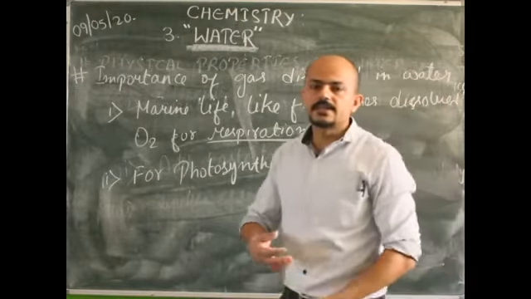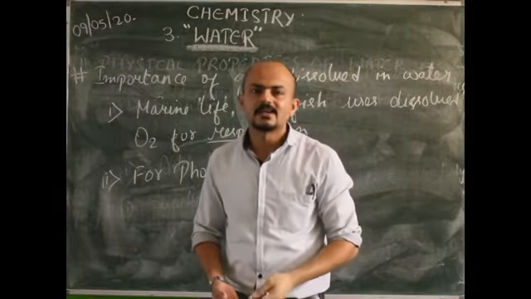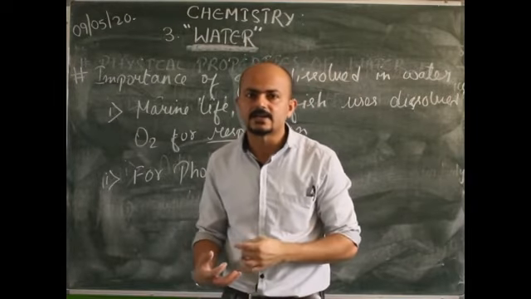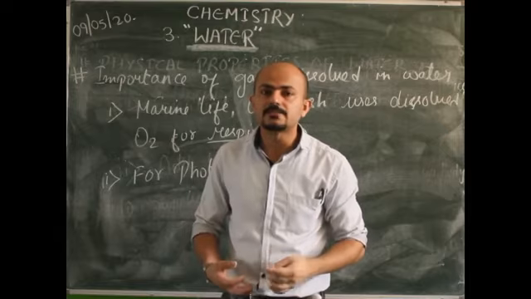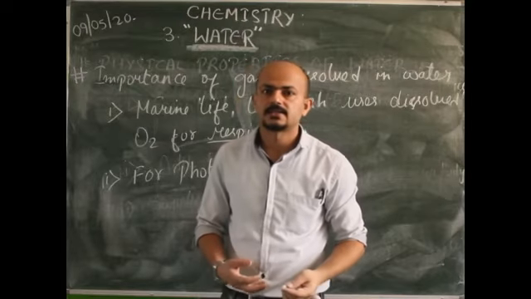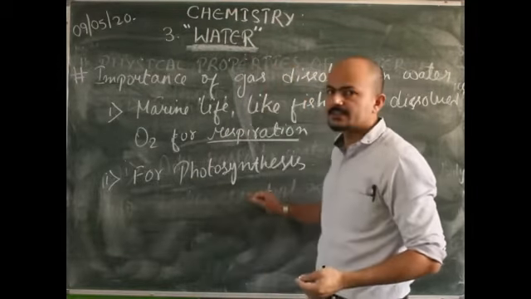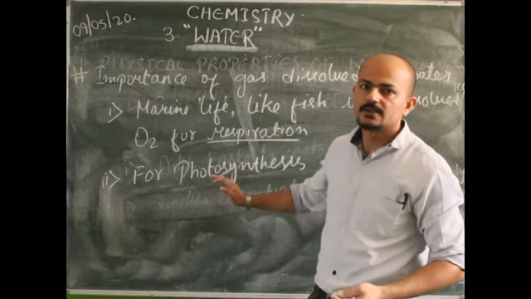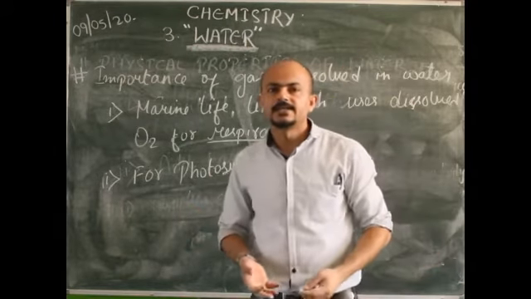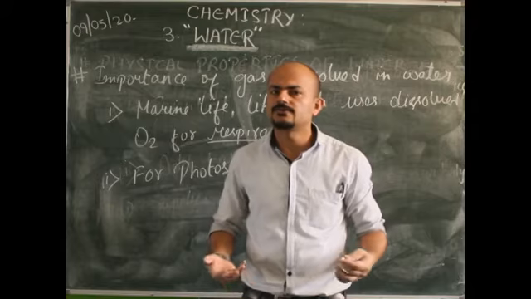Now, water also contains what? Dissolved carbon dioxide. This dissolved carbon dioxide will be utilized by aquatic plants. For what? For photosynthesis. This is the process by which these plants make their own food.